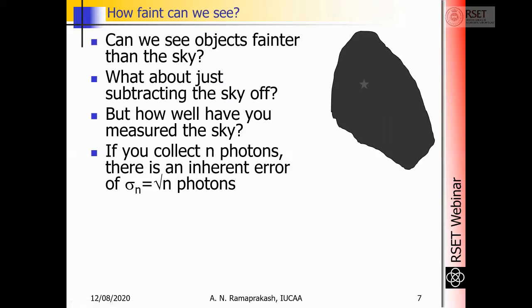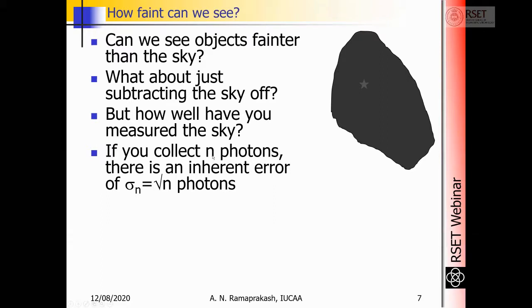This has nothing to do with the telescope, nothing to do with technological limitation. It is just coming out from the fact that photon emission, or counting of photons, is a statistical process. And it turns out, if you do the mathematics properly, that if you collect n photons from any object, there is an inherent uncertainty of root n.